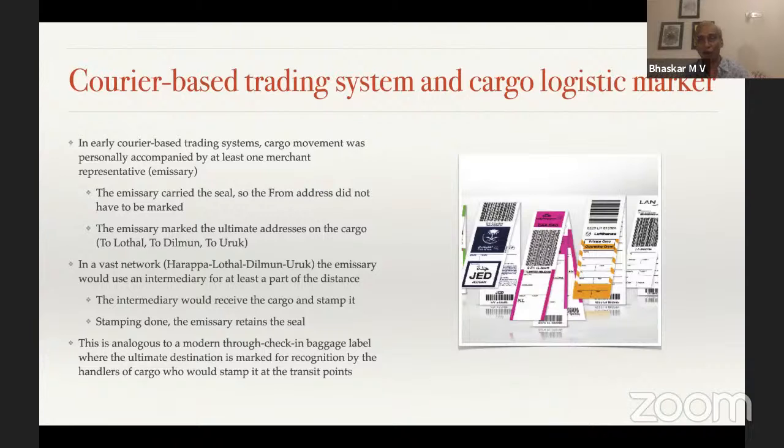They all have to be offloaded in that context, and only the destination has to be presented in a manner that is crystal clear so that the cargo doesn't get mishandled and sent to a different destination. Which is why you see in all these baggage tags, you see the destination marker the most prominently. You don't see my name, the traveler, the passenger's name, or anything like that. That's on my baggage tag. I will also have the counterfoil of this check-in baggage tag with me for my ultimate claim when I pick up the luggage.